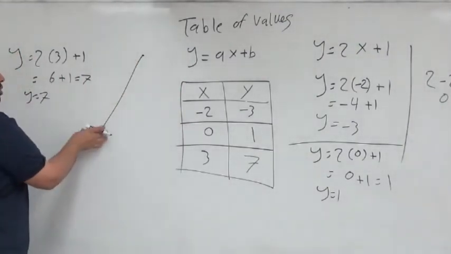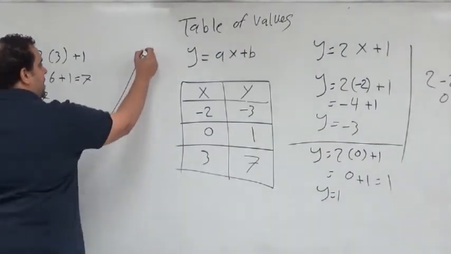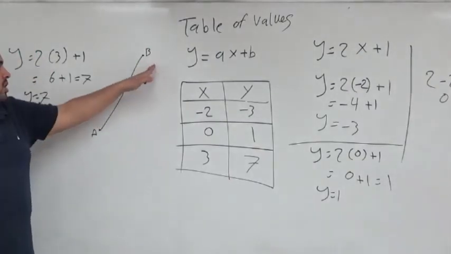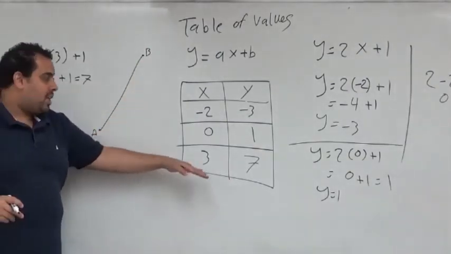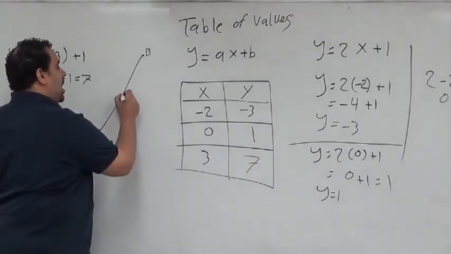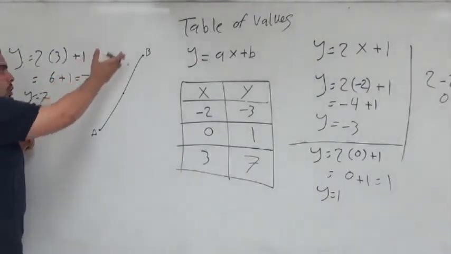So for example, this is the first point, A, and this is the second point, B. How do I make sure my graph is right? By choosing a third point, and this third point must lie on the graph line I have. All three of them must be on one line.